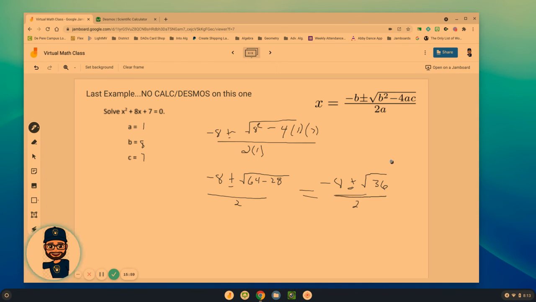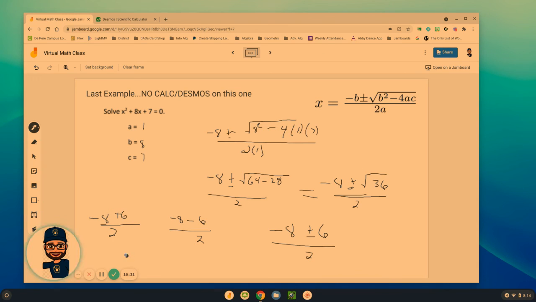Do I know what that square root of 36 is? I hope we do. That's 6, so negative 8 plus or minus 6 all over 2. And now this is where we solve twice. Okay, so I'm going to go over here. Negative 8 plus the 6 divided by 2, or negative 8 minus the 6 divided by 2.